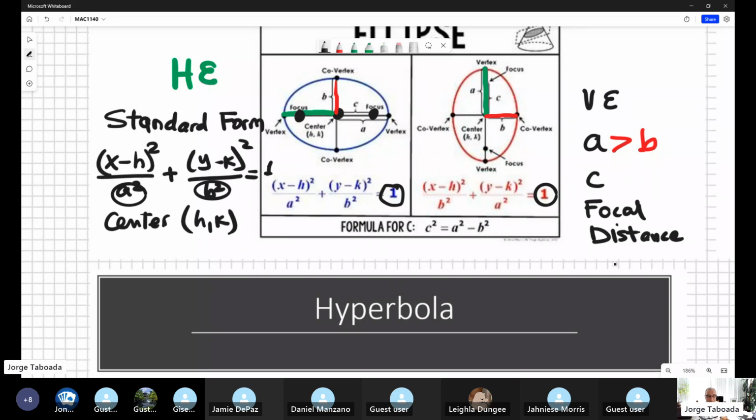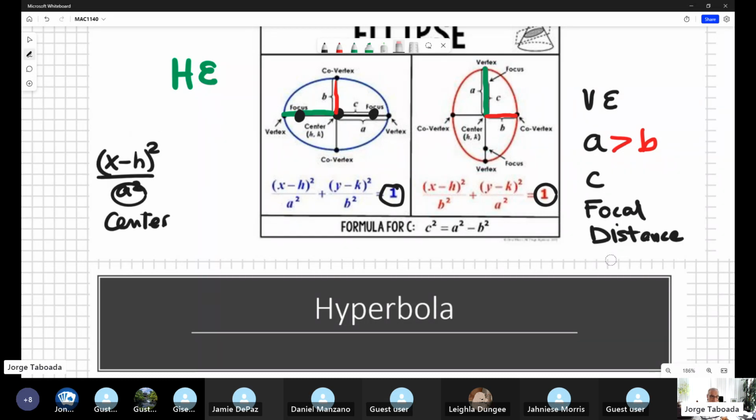And the distance between the center and each focus, in plural foci, is c. And the relationship between a, b, and c is this formula that personally I like to write differently. I memorize, for example, a is the biggest distance. Therefore, a squared is equal to b squared plus c squared.